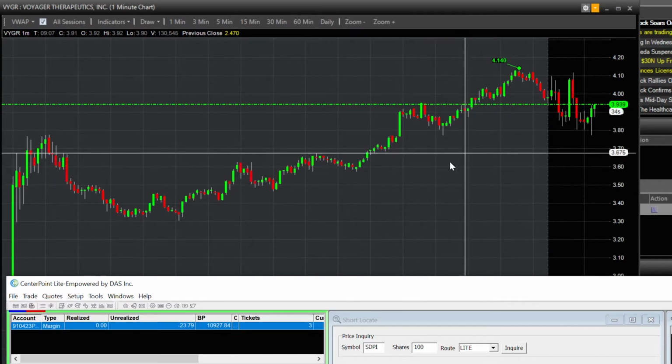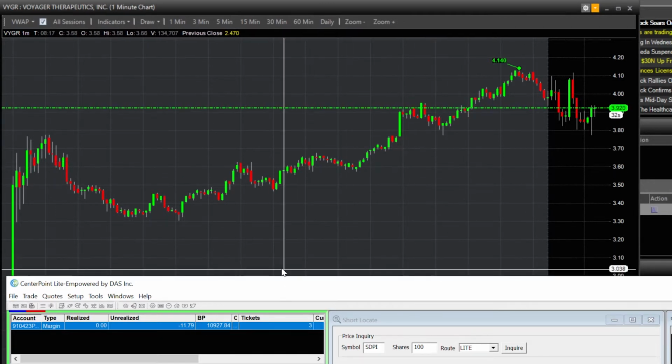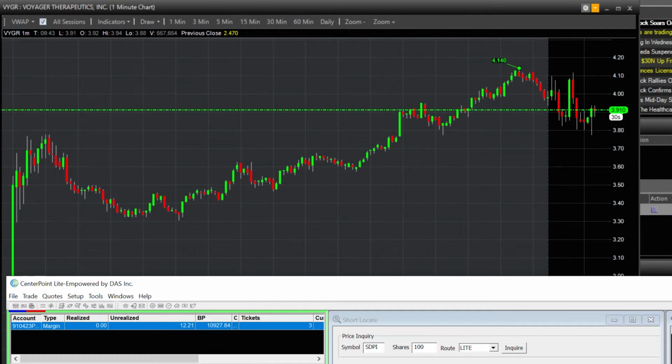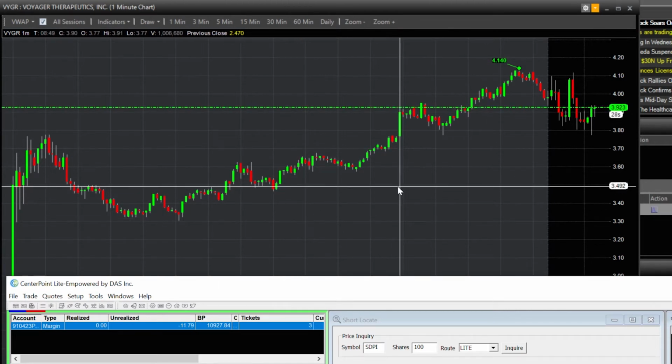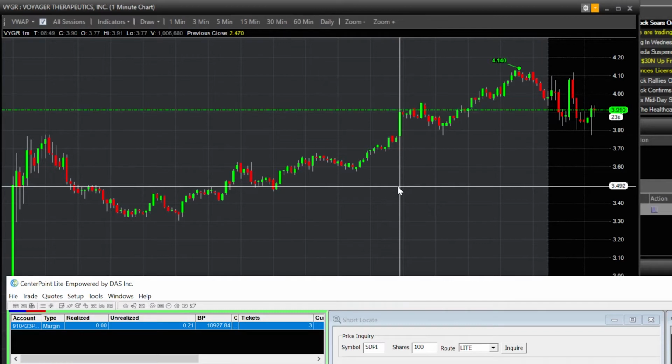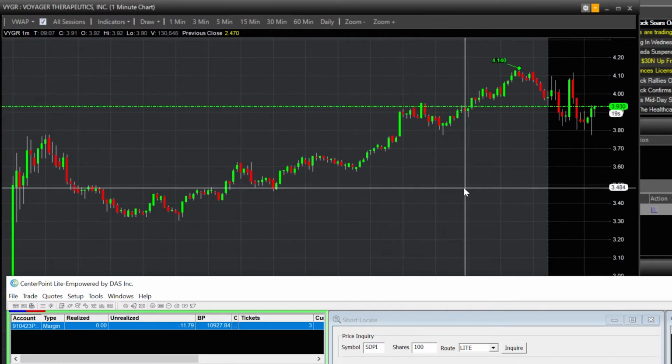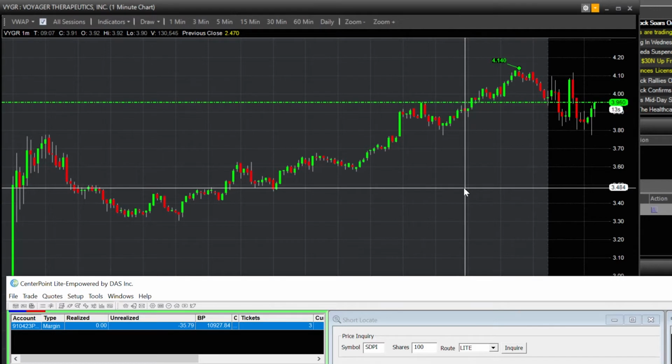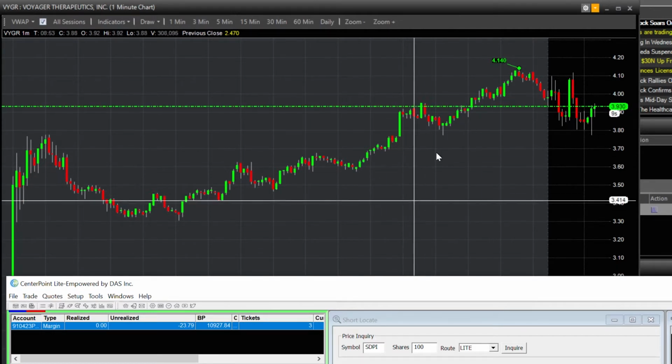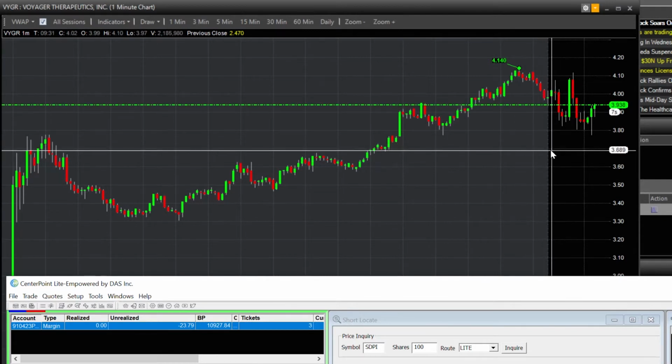So I'm totally shorting, my total is 1,200 shares. And I hope it crushes. And if it keeps spiking, I'll be shorting more.